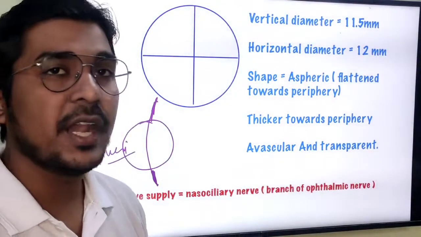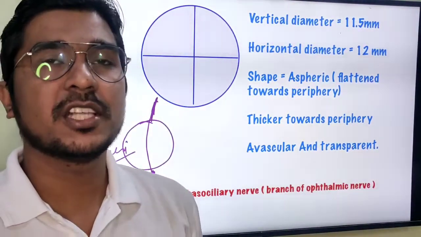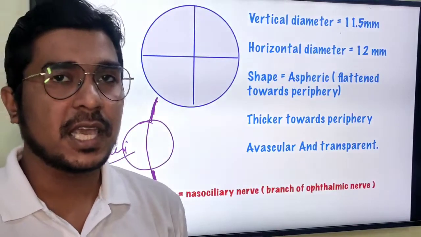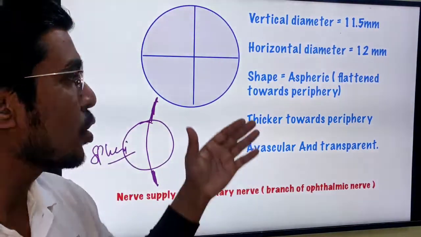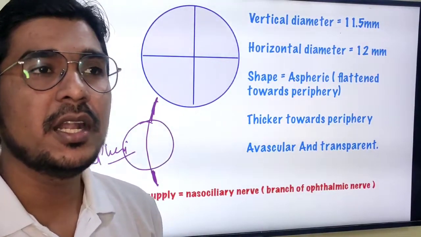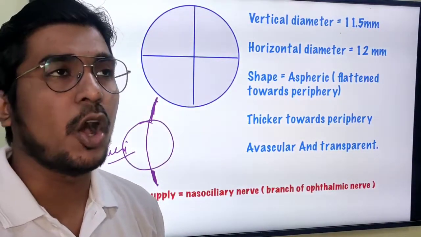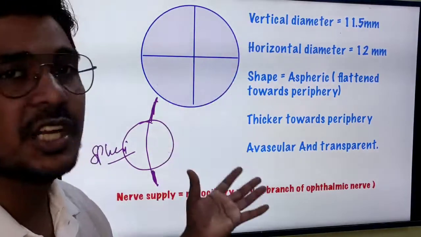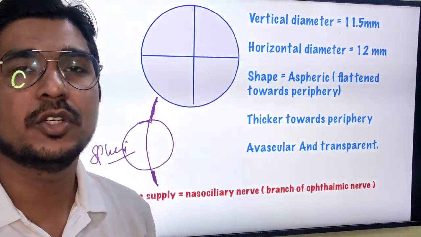Why is it transparent? There are many reasons for the transparency of the cornea. One, it is avascular. Second, the arrangement of the collagen in the stroma is parallel. Third, destructive interference takes place when light enters the cornea.